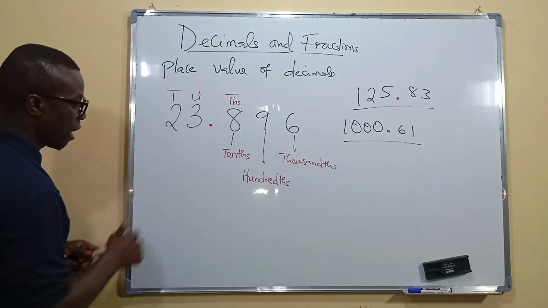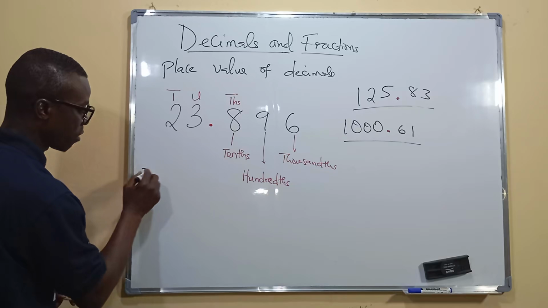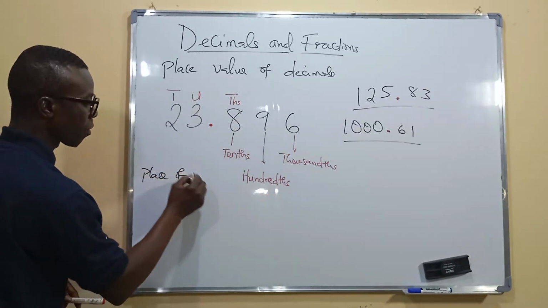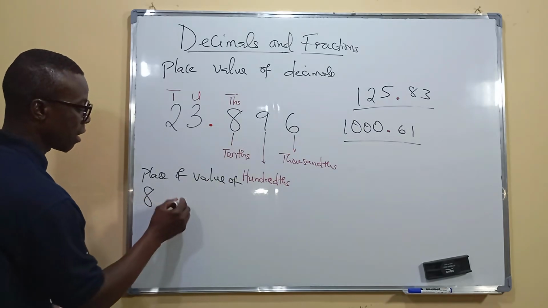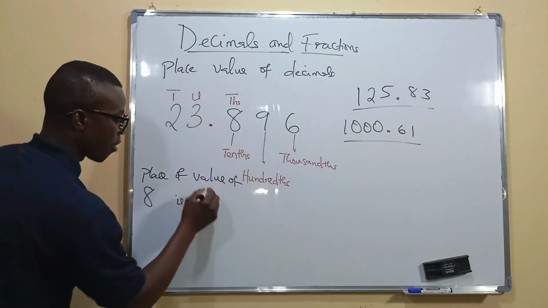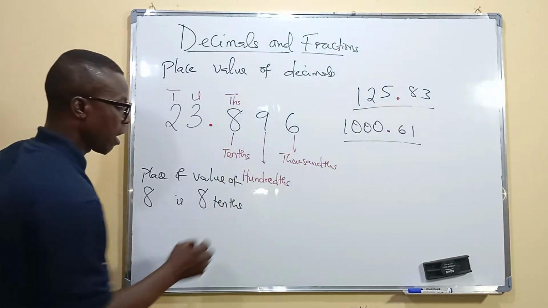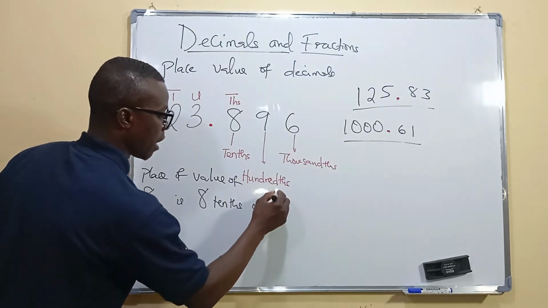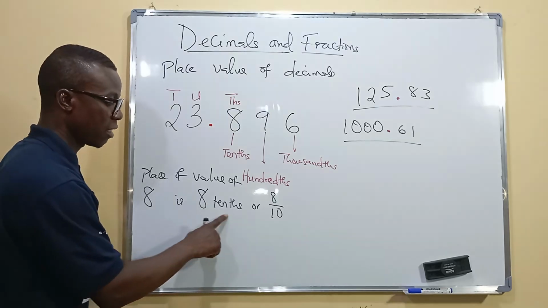So I can say that the place value of 8 is, here I have 8 tenths. It can also be written as 8 over 10. And that's why you see we have 8 tenths.